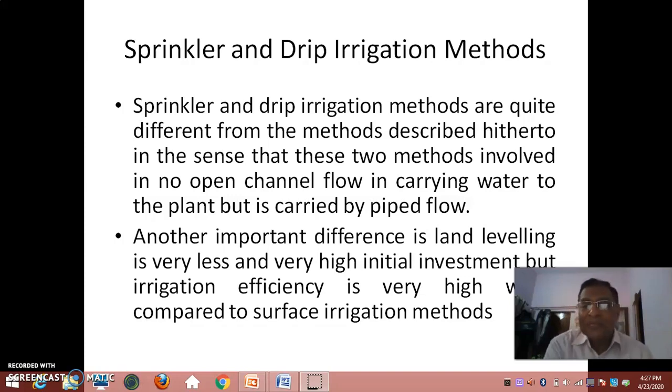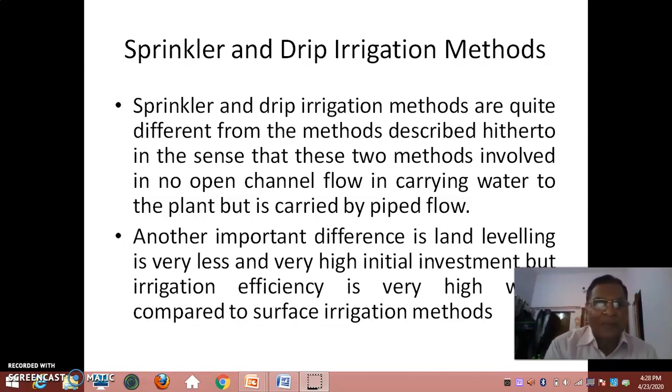Another important difference is land leveling is very less. In the case of surface methods, either in border strip method or check basin methods, land leveling is a must. But here, it's not that much land leveling. Some kind of leveling is needed, but it's not very scrupulous.